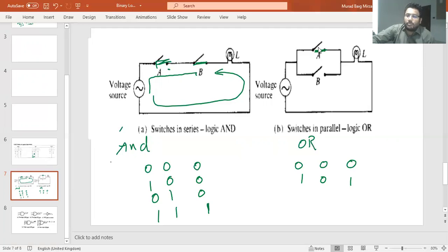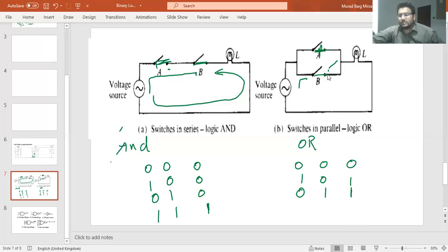If A is open and B is closed, what will happen? Our current comes from this terminal, goes through B, goes through the electric bulb and returns to the battery, hence giving us signal 1 at the output. We have said that A is equal to 0, B is equal to 1, answer is 1. And what happens if both A and B are 1?